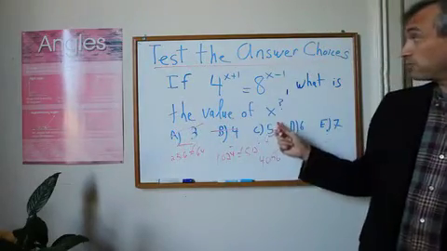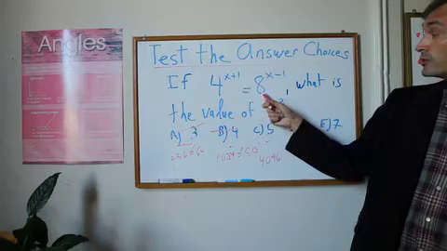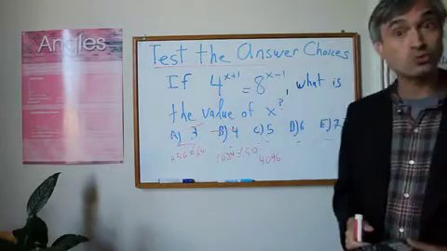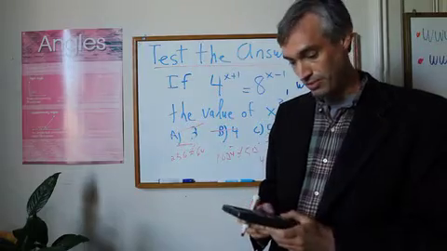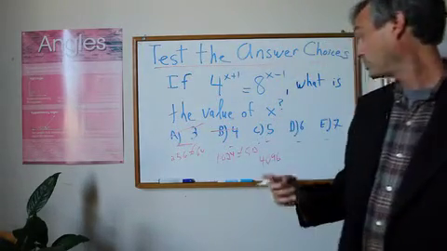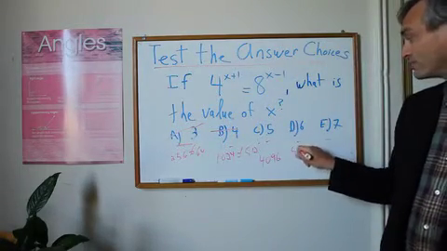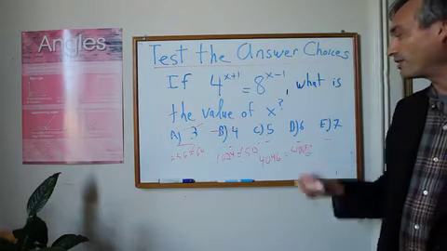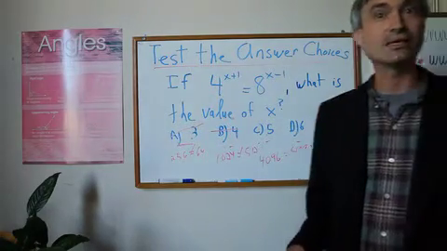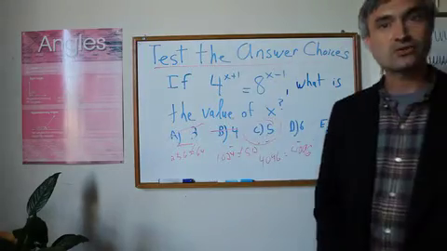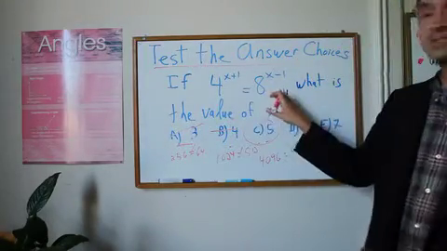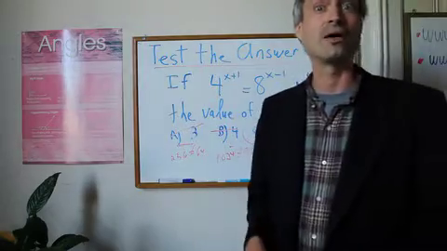If x did equal 5, then the right side would equal 8 to the 5 minus 1, or 8 to the 4th power. When I type that into my calculator, lo and behold, it shows me that same value, 4096, and therefore I know letter C is the answer because it made the two sides of the equation match in value.